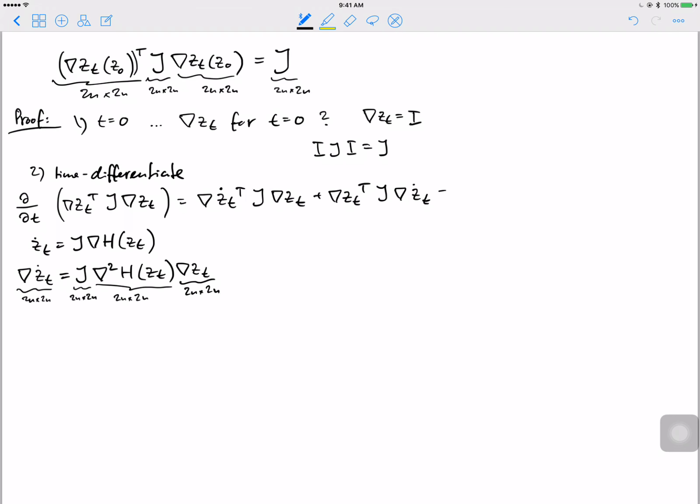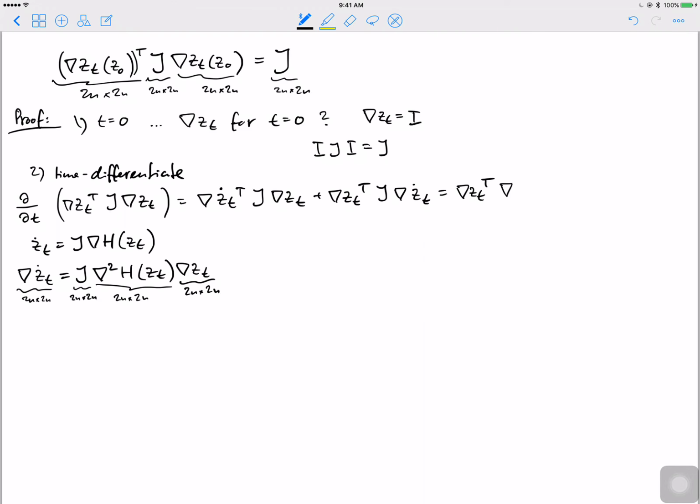So what we're going to do now, we are going to plug this expression in here, okay? So that means that I need to transpose this entire thing. So let me take this, transpose it, and plug it in here. Okay, so I expand the first term using this. So first I have the Jacobian of z_t transposed.